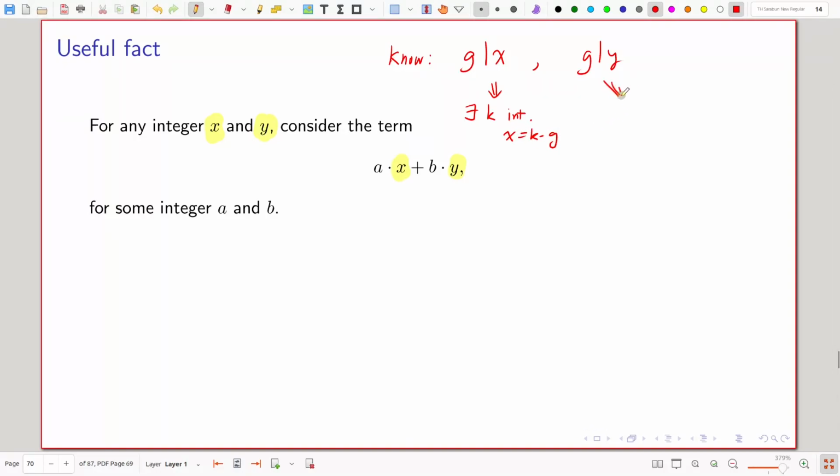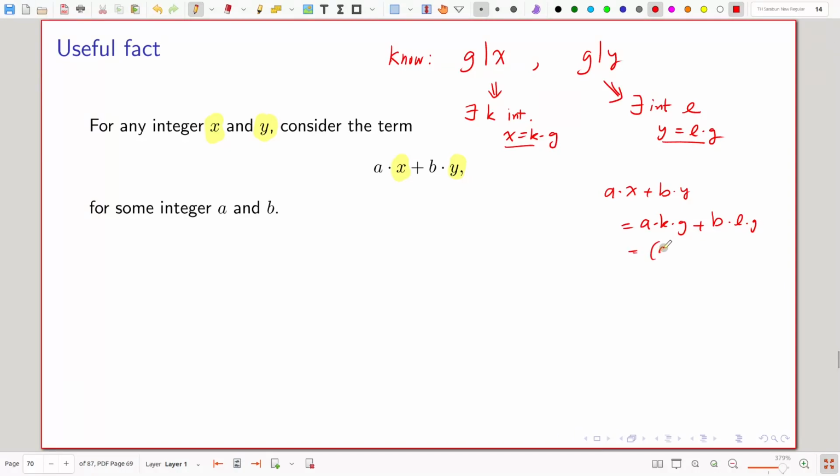And also, if g divides y, we know that there exists an integer l such that y equals l times g. When you plug this in, you have a times x plus b times y, which is going to equal a times k times g plus b times l times g, right?